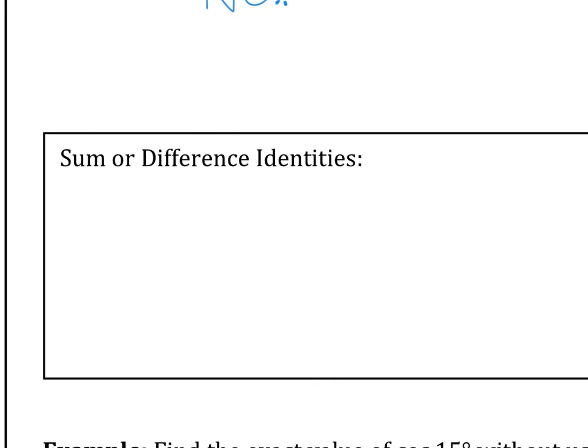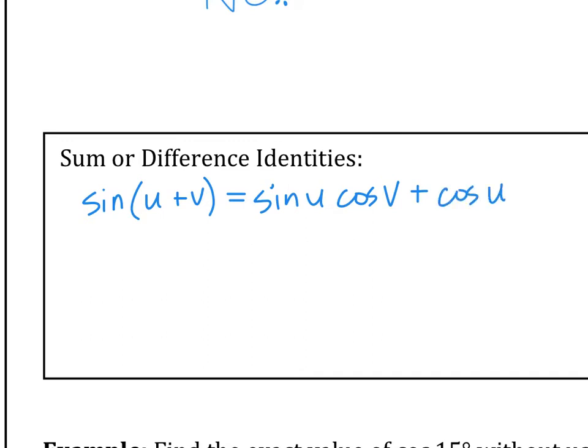Sum or difference formula. Okay, so this is how it works. Sine of one angle plus another angle is going to equal, so we're going to use u and v, sine of u plus v is going to be sine u cosine v plus cosine u sine v.